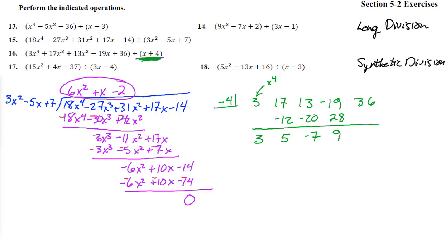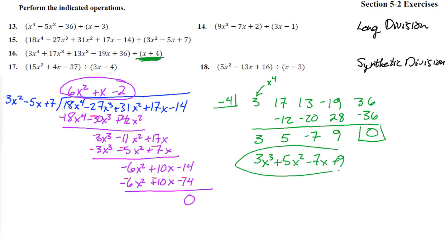Negative 4 times positive 9 is a negative 36. Oh, that's amazing. Remainder 0. This comes out even. And the coefficients, instead of starting with an x to the 4th, are 3x cubed plus 5x squared minus 7x plus 9. And we are done with that one. Nice.